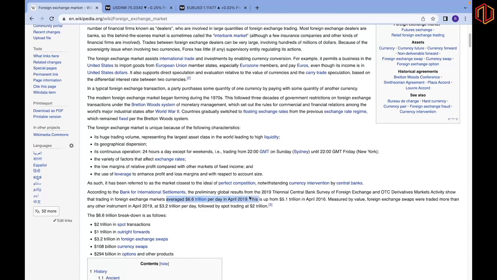This is the value of the currency exchanging hands in a single day, which shows that this is extremely liquid, more than volatile. It's volatile on certain days, but since it's controlled by governments, it's not as volatile. However, because of leverage, even a small movement reflects into a huge profit or loss. So we'll talk about that in a bit more detail.